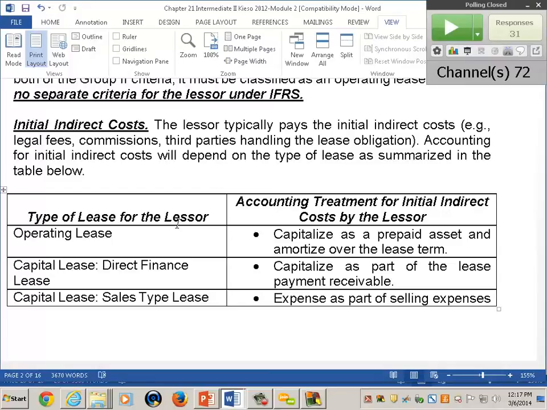And these are always paid up front by the lessor. There will obviously be reimbursement in the rental payments as part of the recovery.